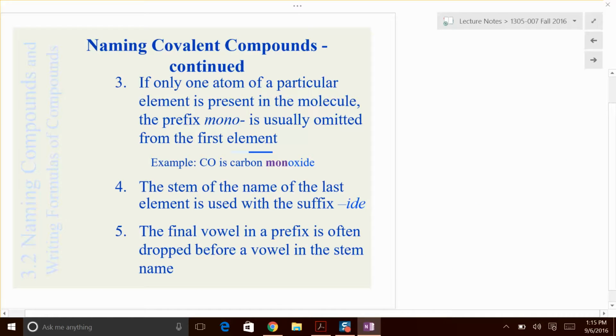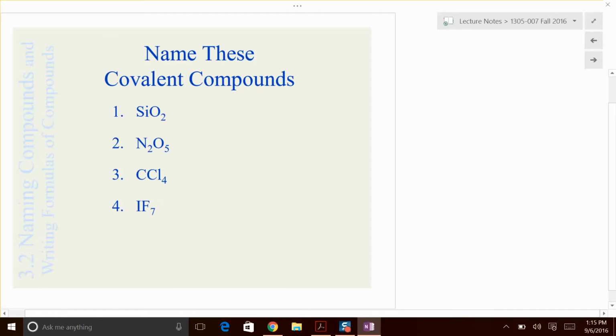All right. Okay, so we've already gone through that. Let's name these. What's the name of this? Say it loud. I think somebody was saying it. Silicon dioxide.